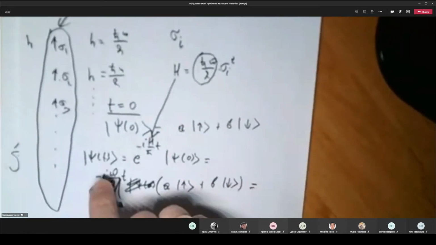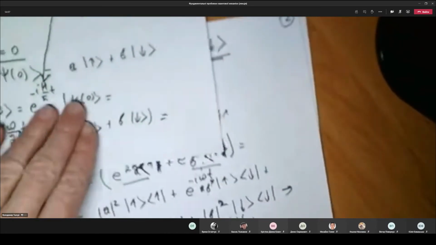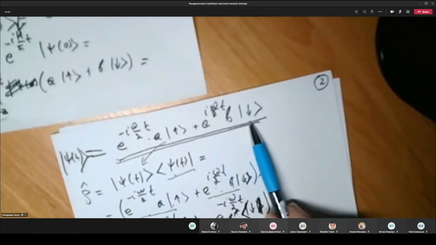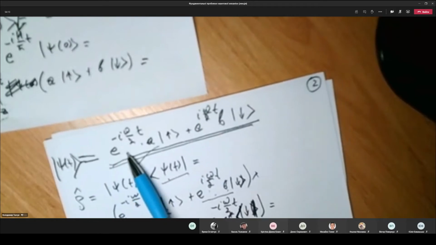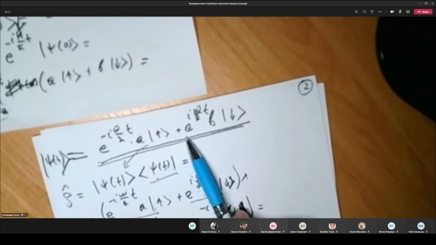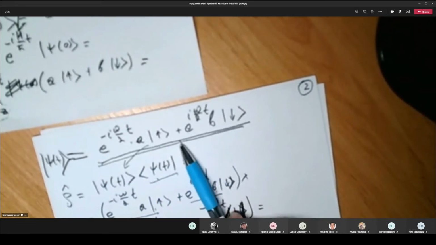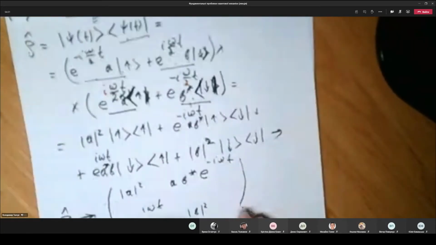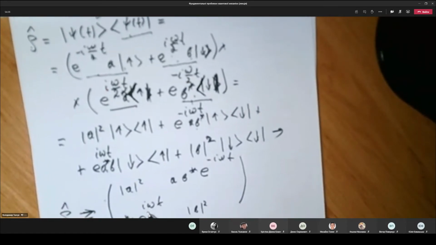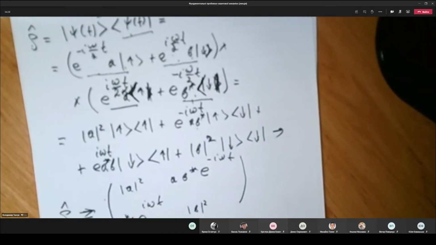And so in time, as we see, each spin is described by the same quantum state. Time is changed, but the first spin is described by this vector, the second spin is described by this vector, and so on. It is absolutely the same as this matrix. So time is also here, and omega is the same for each quantum spin.